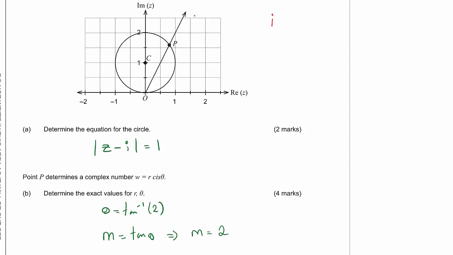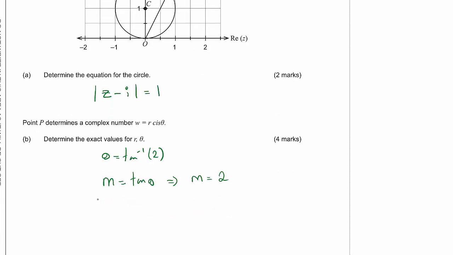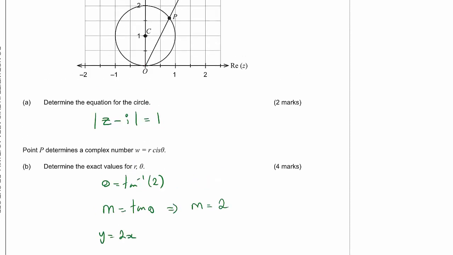So in other words, this line is y equals 2x. So we have y equals 2x, and we have the circle, which is given here, but if we do it in Cartesian form, it's going to be x squared plus (y minus 1) squared is equal to 1.